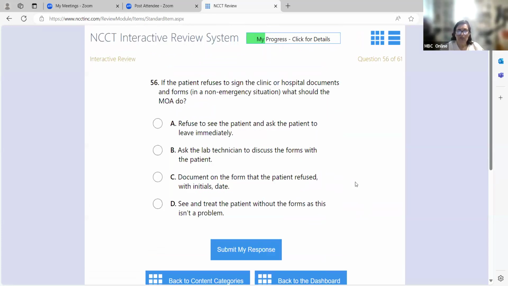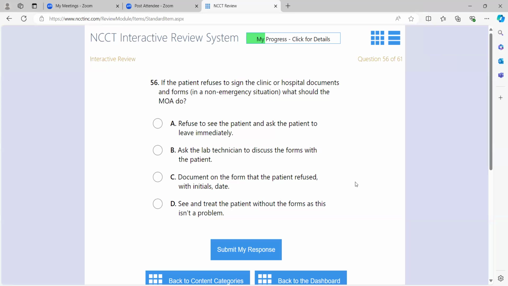If the patient refuses to sign the clinic or hospital documents and forms, and this is in a non-emergency situation, what should the medical office assistant do? Refuse to see the patient and ask the patient to leave immediately. Ask the lab technician to discuss the forms with the patient. Document on the form that the patient refused with initials and the date. See and treat the patient without the forms, as this is not a problem.